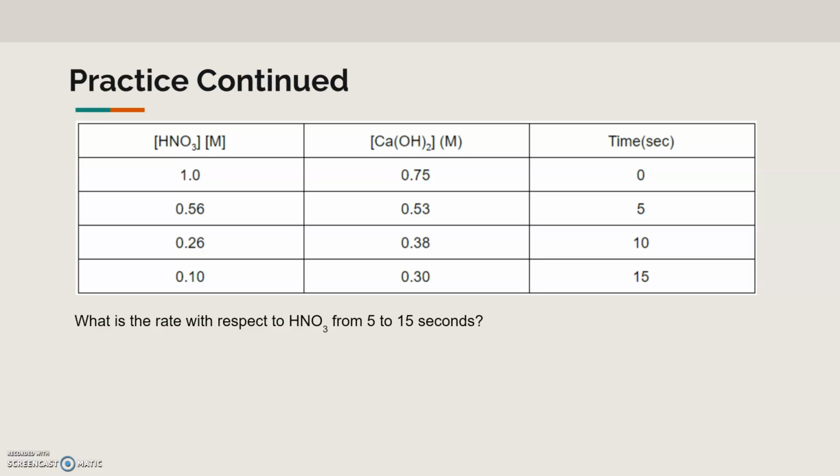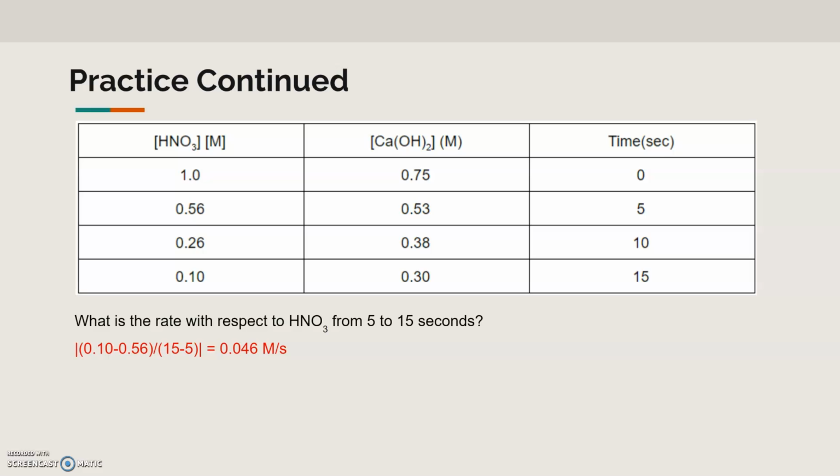What is the rate with respect to HNO3 from 5 to 15 seconds? Notice we're not looking at the entire time lapse of the reaction. This time we're only looking at 5 to 15 seconds. Very well. It's the same general equation. Place an absolute value sign and an open parenthesis. Then we place the ending concentration of HNO3, which is 0.10, and subtract the concentration of HNO3 at 5 seconds, which was 0.56.